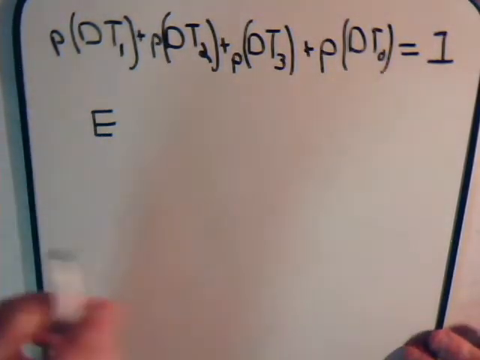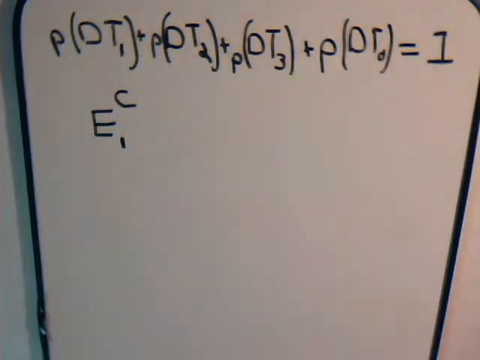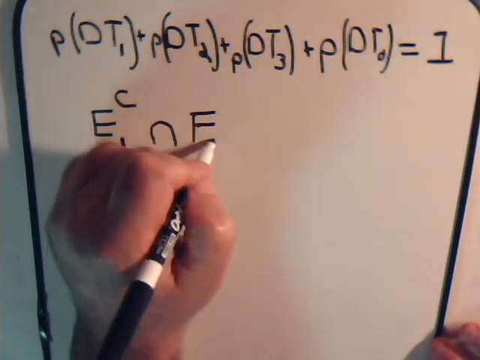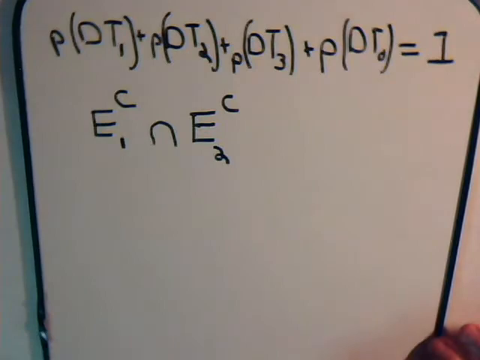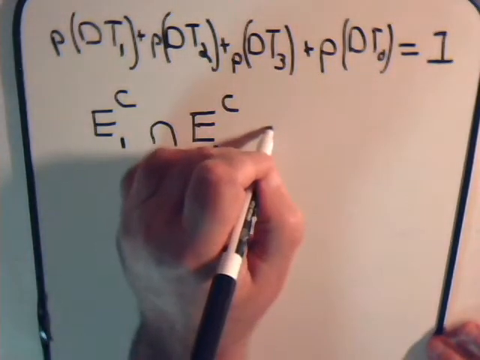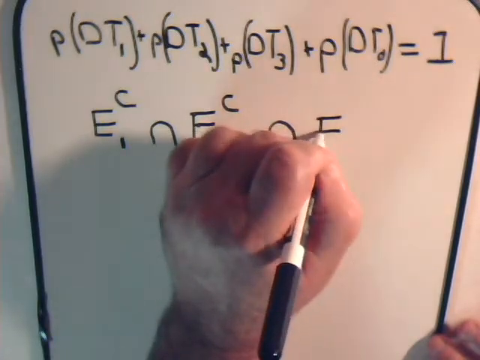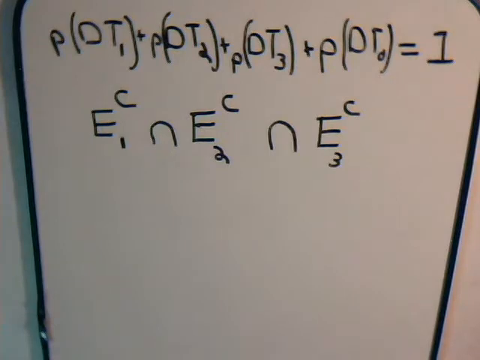Here, that would mean the first inspector does not find a defective transistor, the second inspector does not find a defective transistor, and the third inspector does not find a defective transistor. What's the probability of that happening?